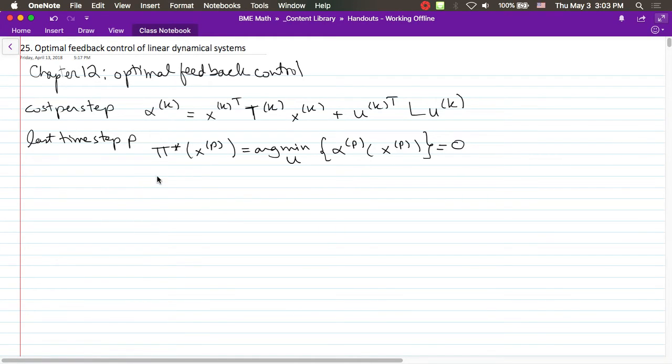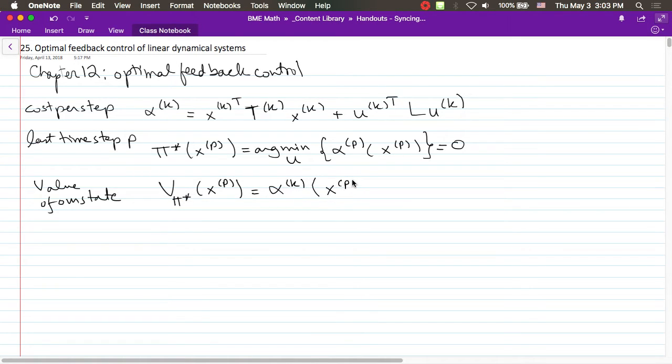And so the value of our state, if we were to have the optimum policy at the last time point, is just alpha of k evaluated at x of p, with the action u star equal to 0. So we minimize our cost per step to get the action, and then we apply that action, and then we get a value for that state.